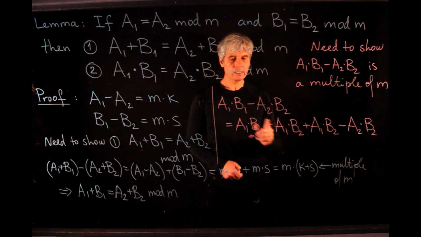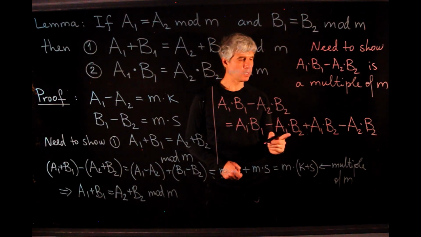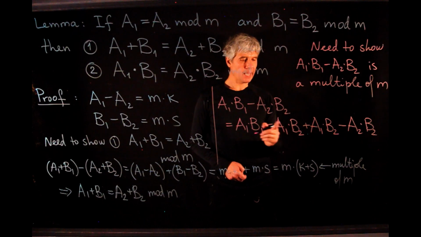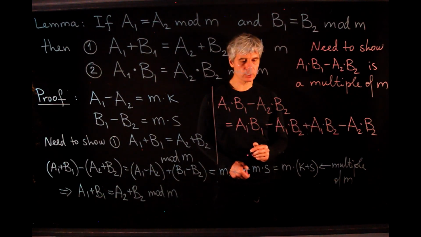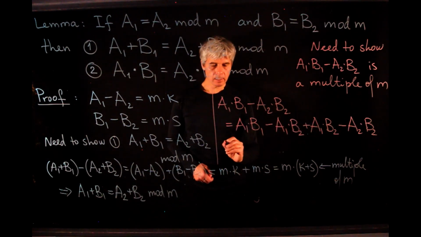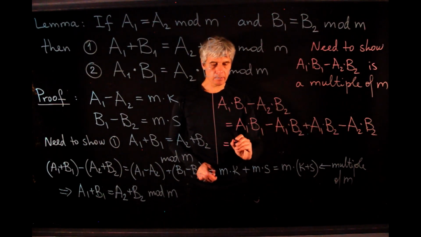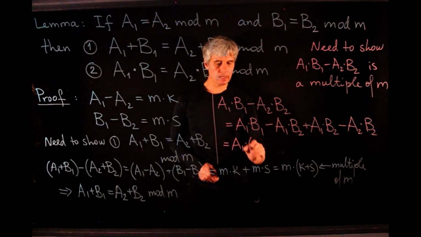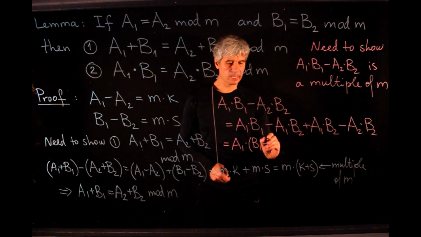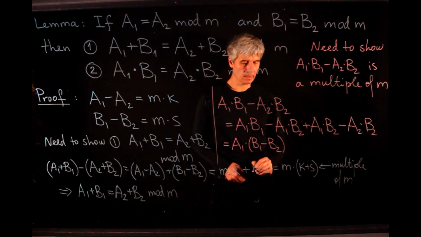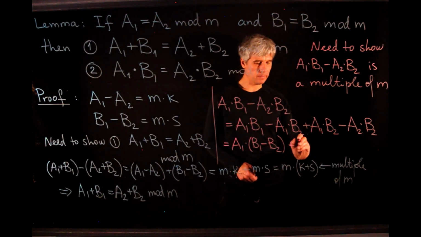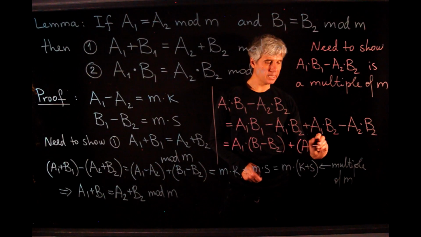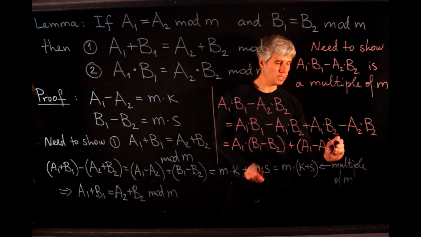So what I did is I took the original expression and then added and subtracted two terms that cancel out. So this means that this whole expression is not changed. But now, here I can write that the first one is A1 times B1 minus B2. And the second one is A1 minus A2 times B2.